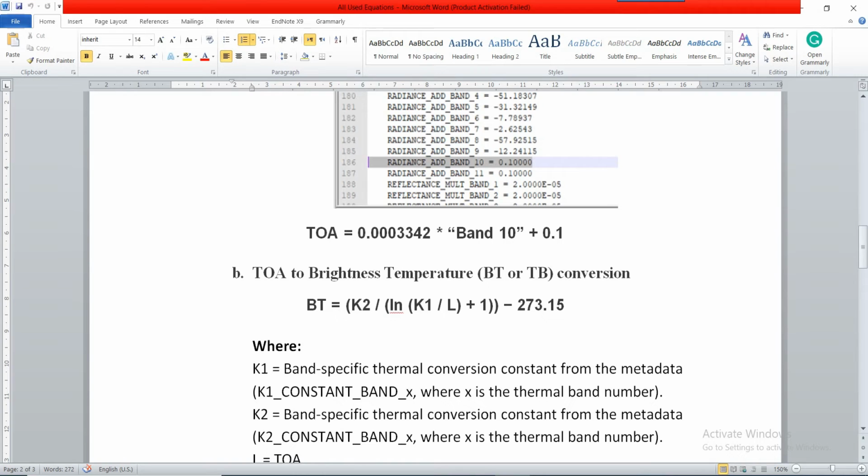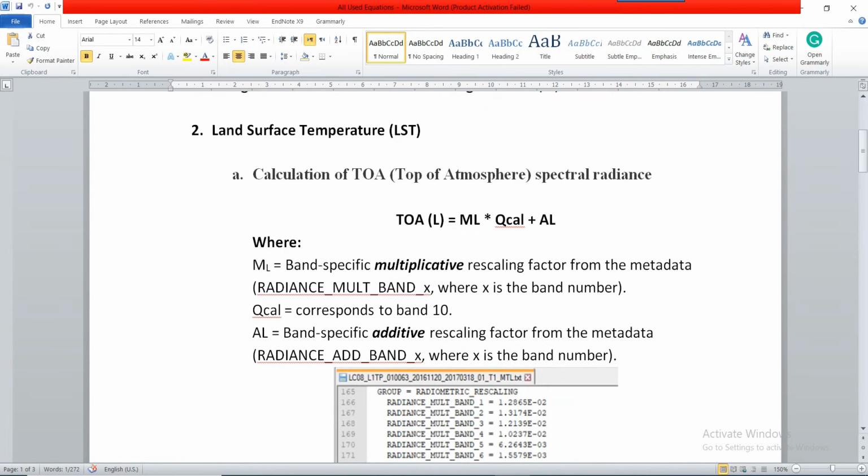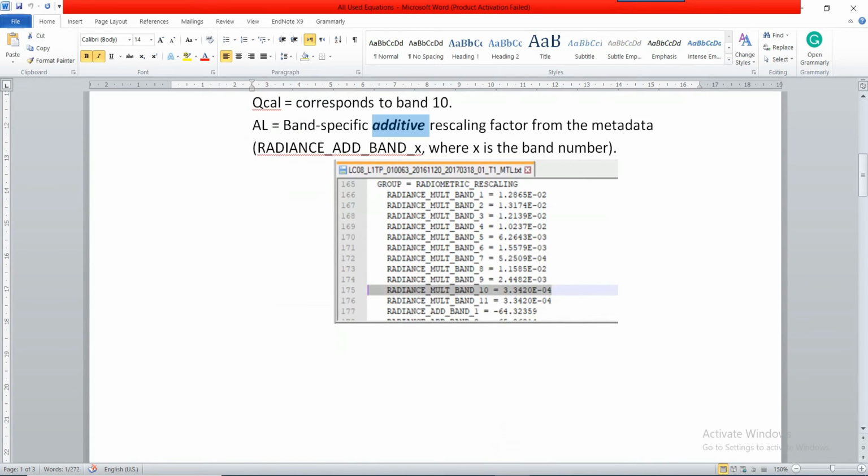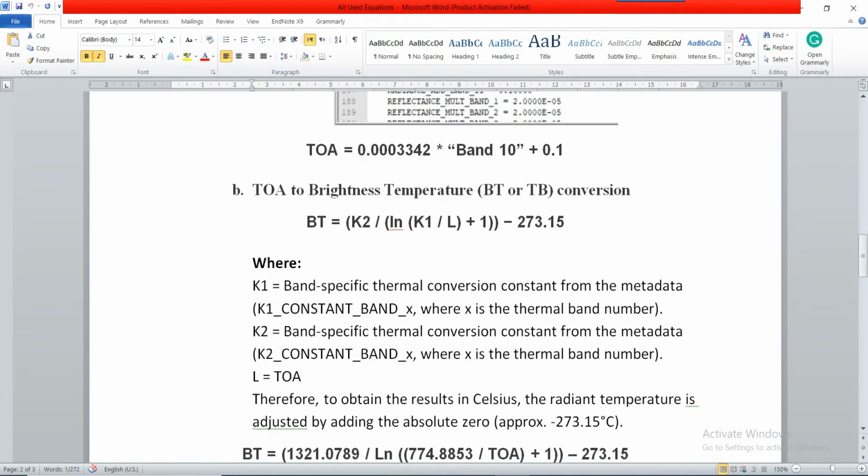So we have BT, brightness temperature, and we have this formula: K2 divided by the natural logarithm of K1 divided by L plus 1. Both K1 and K2 are values that we can find in the metadata file, just like the multiplicative and additive values, which comes with the downloaded images.